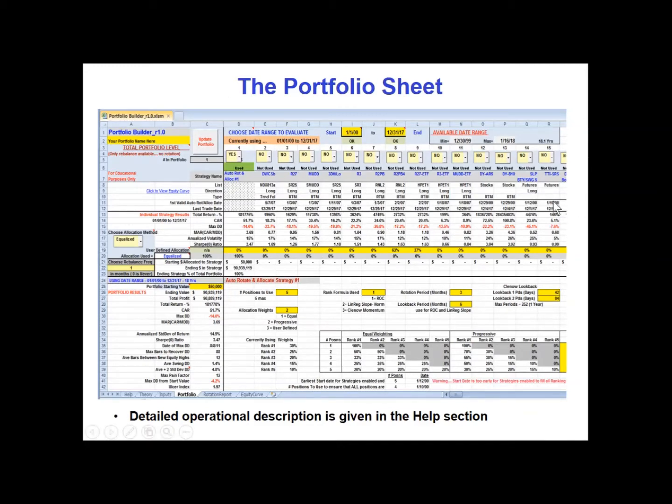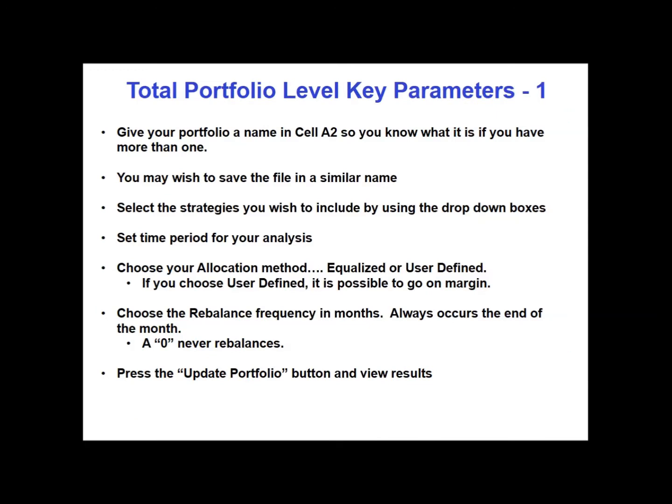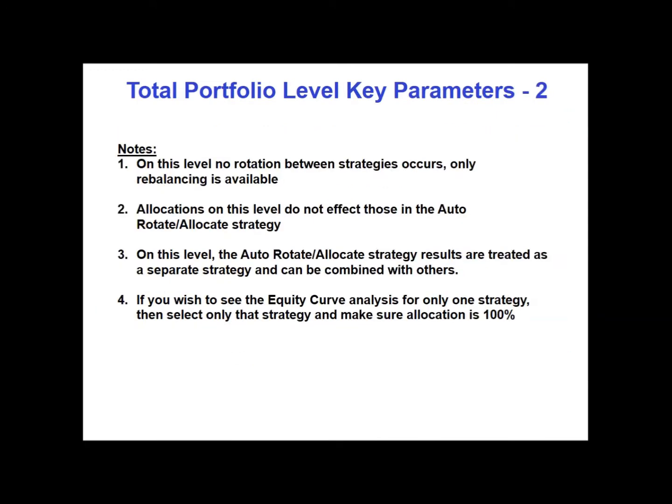Well, you input that equity curve to this, you go into user-defined, and you assign that to some number. We put the rest of it over here in the auto-rotate. Another little tip: you could just put a zero allocation to something.